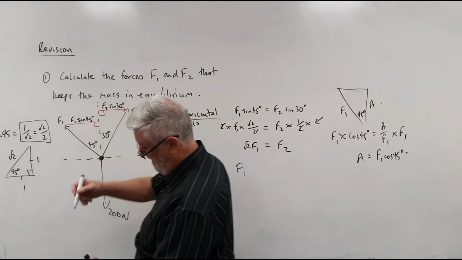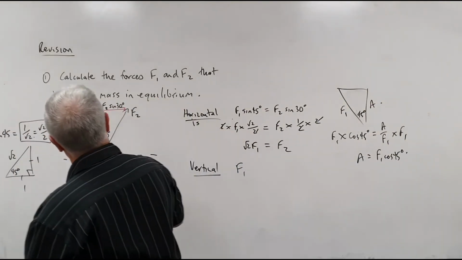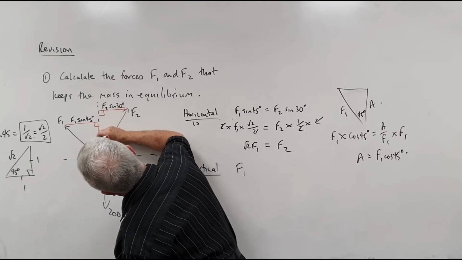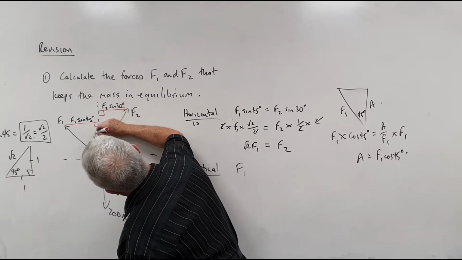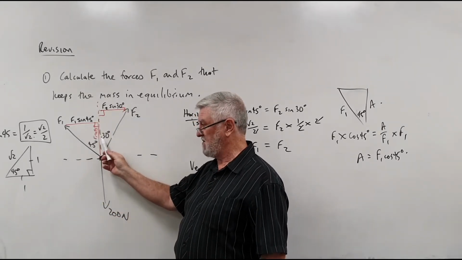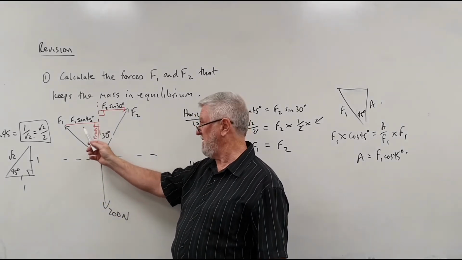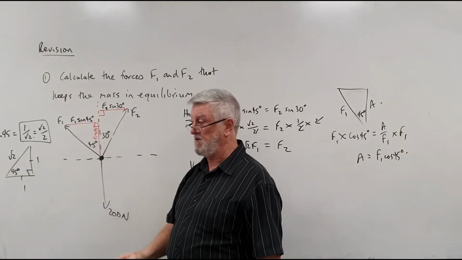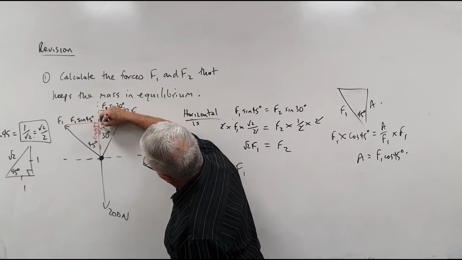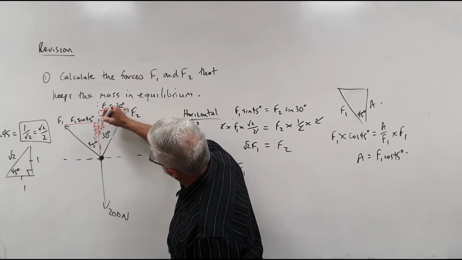So if I wanted to write it there, let's make the different colours, the length from there to there is F1 cos 45. So all I'm looking for is the one next to it is cos, and the one across from it, or opposite, is sine. So on this one here, I can write F2 cos of 30.